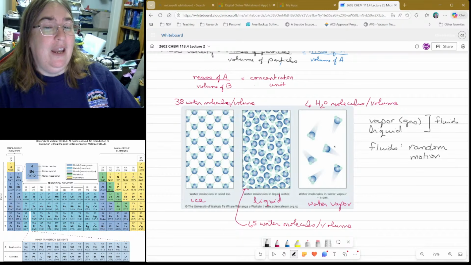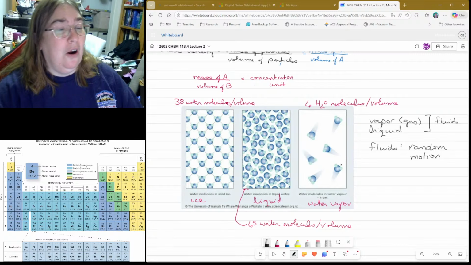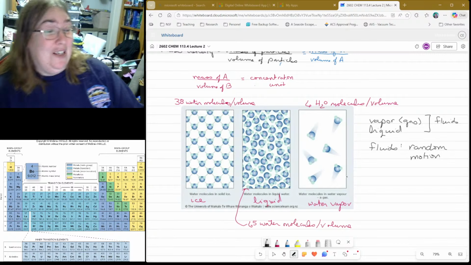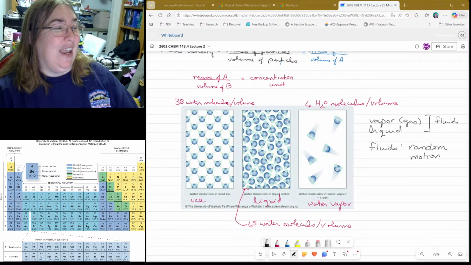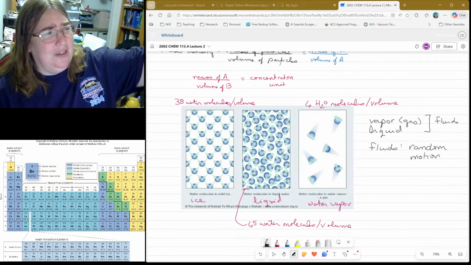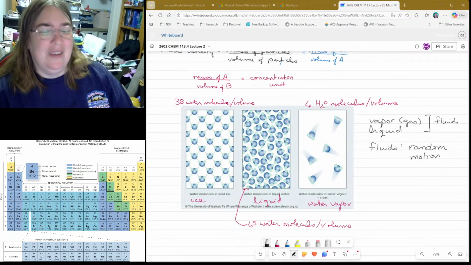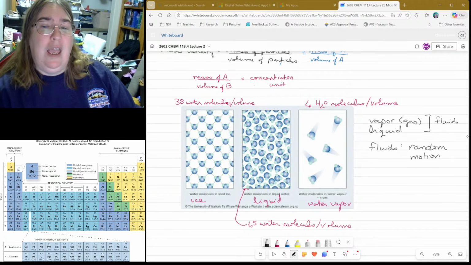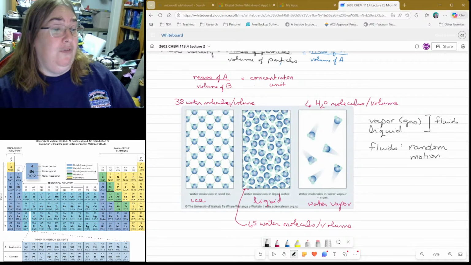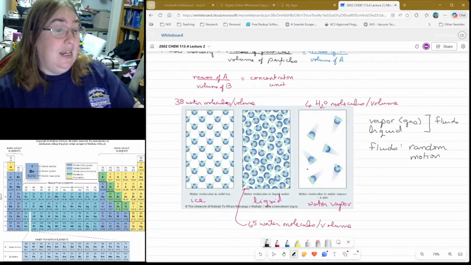Both the liquid and the vapor are moving. Yeah, liquid water is more dense than ice. That's why ice floats on the top of your cold drink. So fluids are defined by random motion. And both gases and liquids are fluids. The difference is the density.